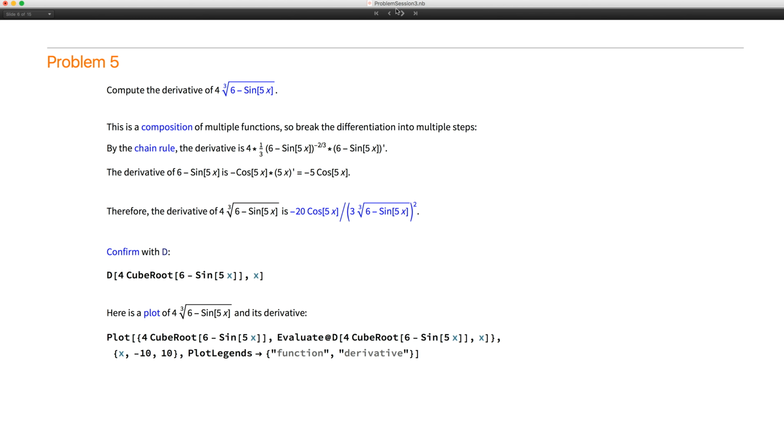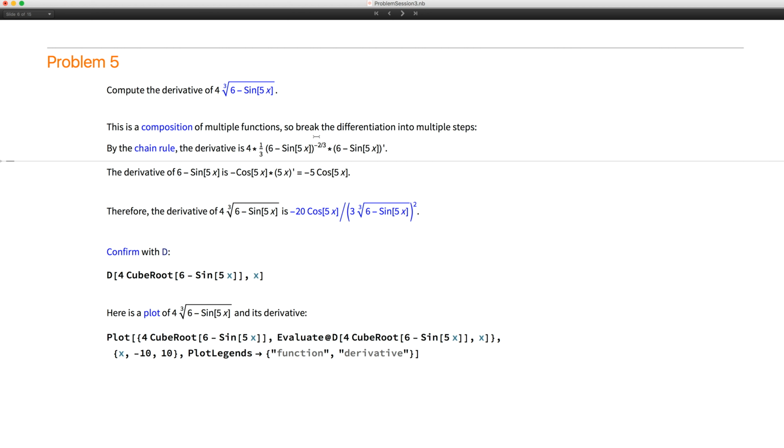Okay, on to number 5, which says find the derivative of 4 times the cube root of 6 minus sine 5x. This is a composition, so you need to be a bit careful. You do constant 4 times 1/3 times 6 minus sine 5x to the negative 2/3.